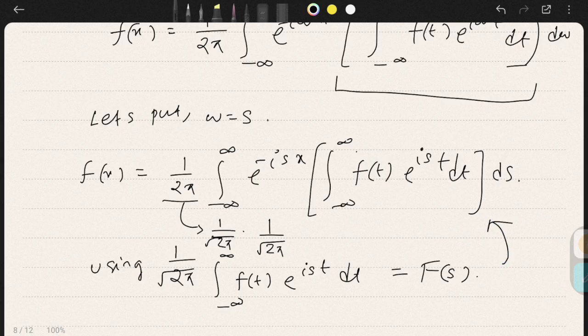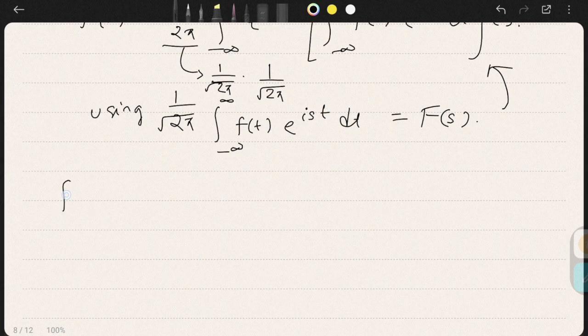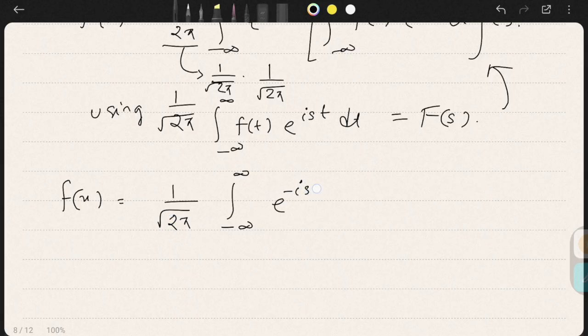Okay, use this. So the above equation becomes F(x) is equal to 1 by root 2 pi, minus infinity to infinity, e to the minus isx into F(s) ds.